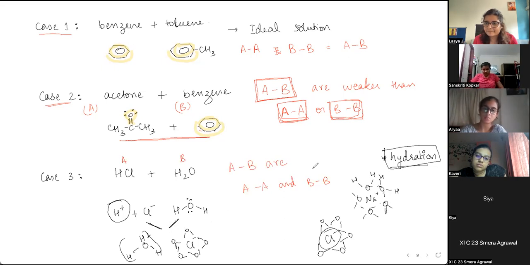Pretty much the same. Because when HCl and H2O are reacting, think of when you had only HCl. A little bit of hydrogen bonding will be there, but that's about it.